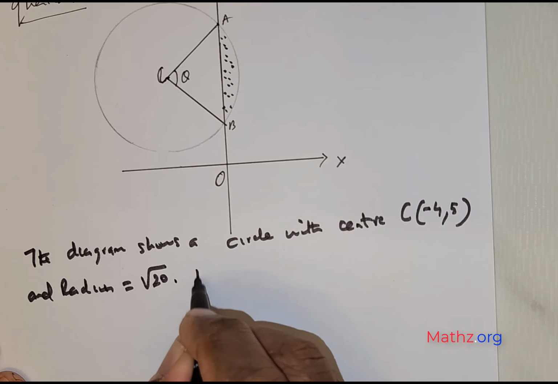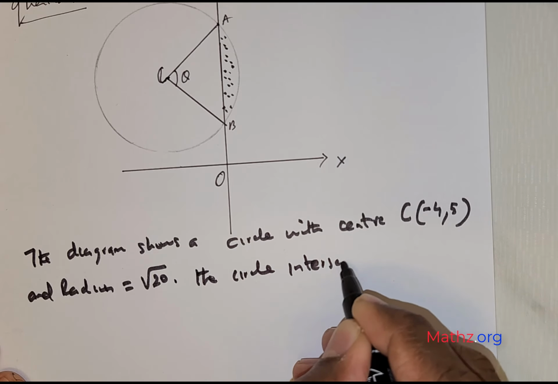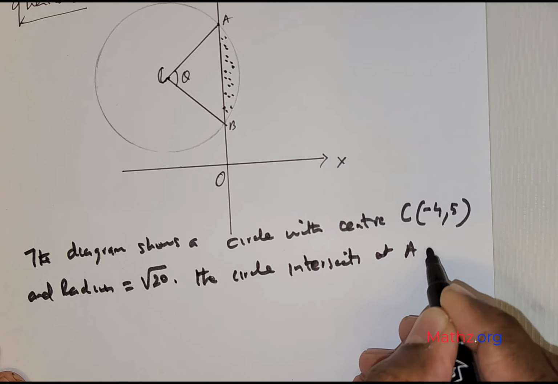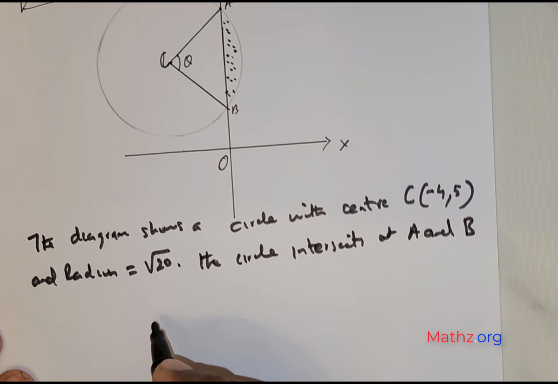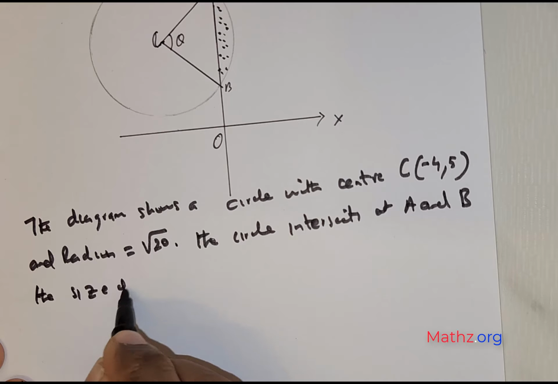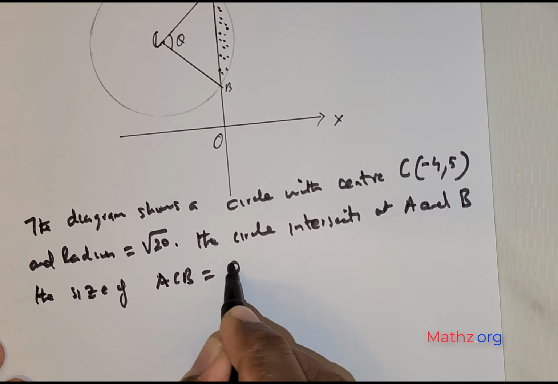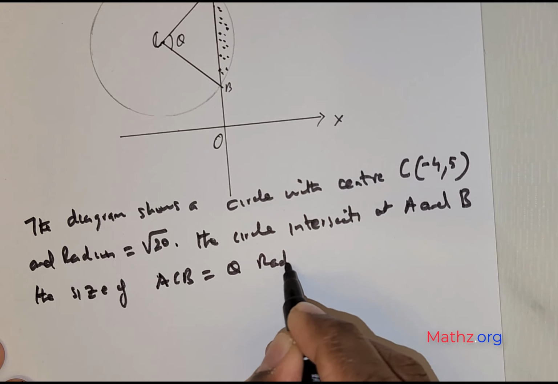The circle intersects the axis at A and B. The size of angle ACB is equal to theta radian.